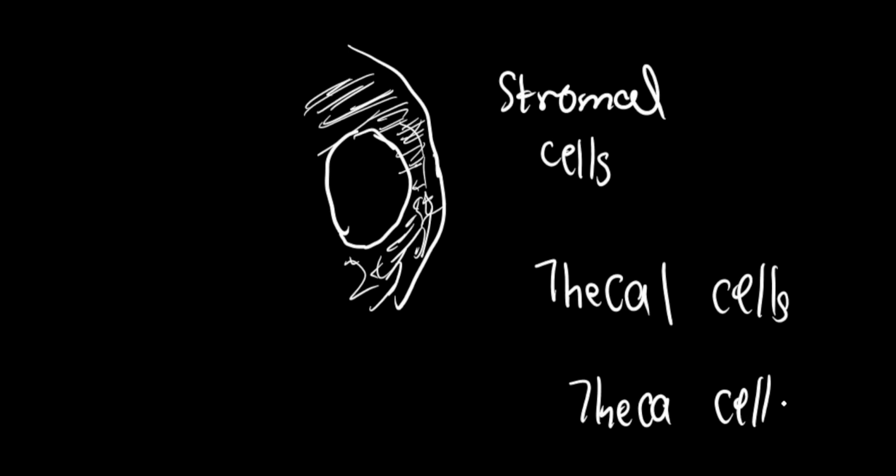It is believed that these theca cells have angiogenic properties, meaning that they have the ability to induce the formation of blood vessels. As we'd see, these blood vessels provide nutrients for the developing follicles.